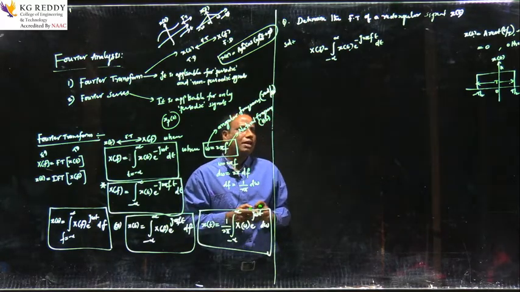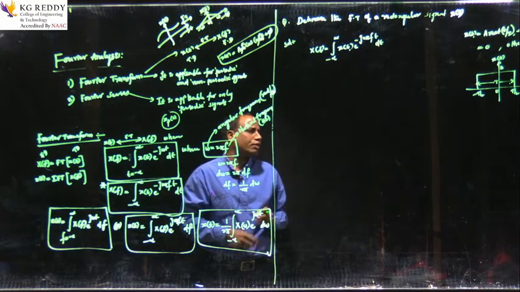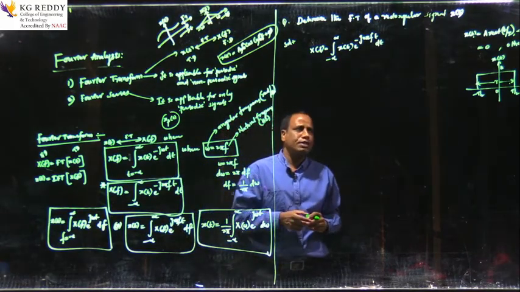Just think about the limits for a while: whether the limits can be taken from minus infinity to plus infinity even for the rectangular signal, or what could be the limits for this.